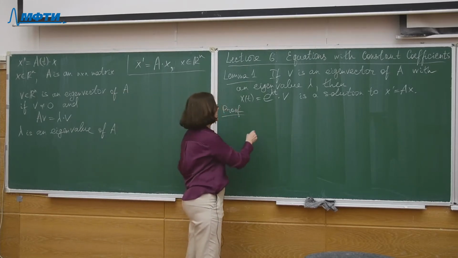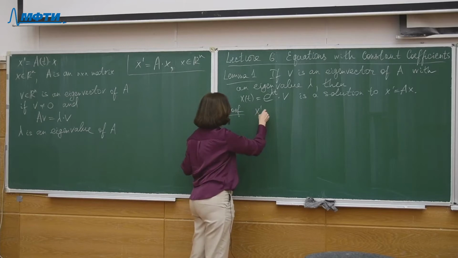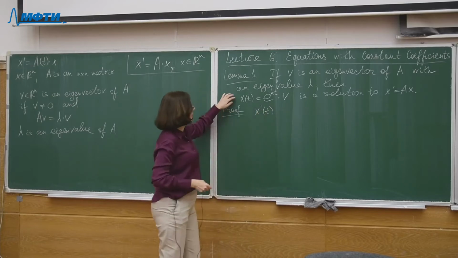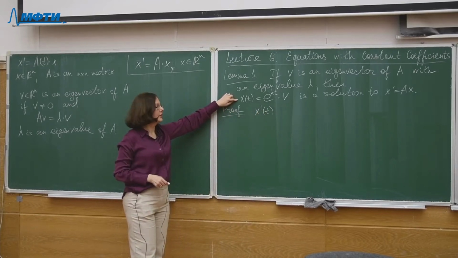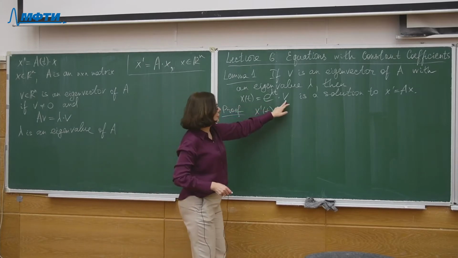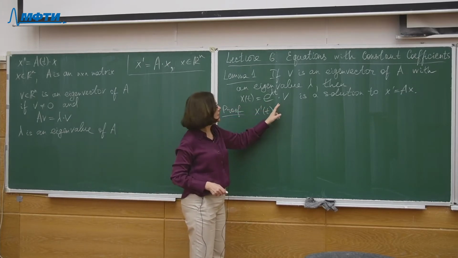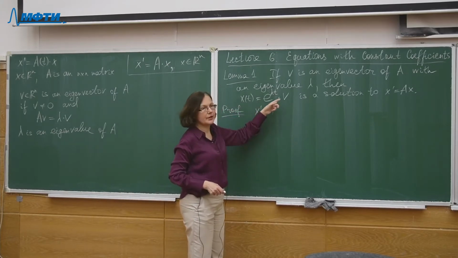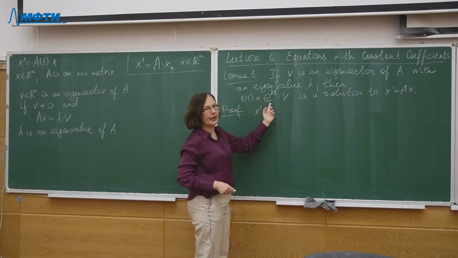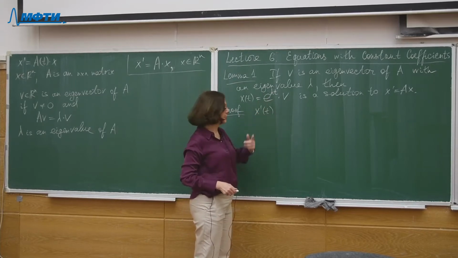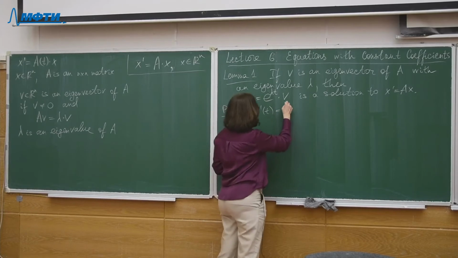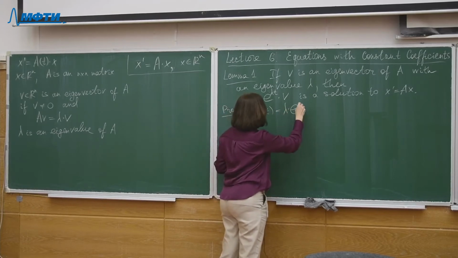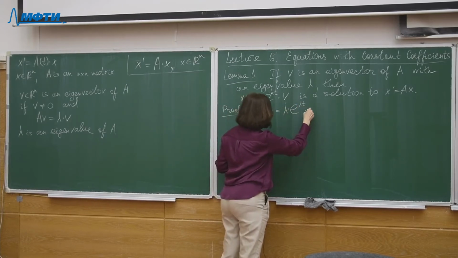Okay, let's take the derivative x prime of t. Let's consider this function and take the derivative. So v is a constant vector, so we must differentiate the coefficient multiplied by the function depending on t. The derivative will be equal to lambda times e to the power lambda t times v.